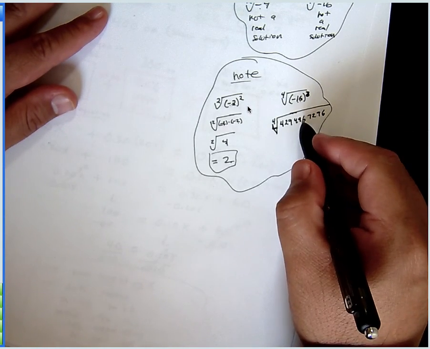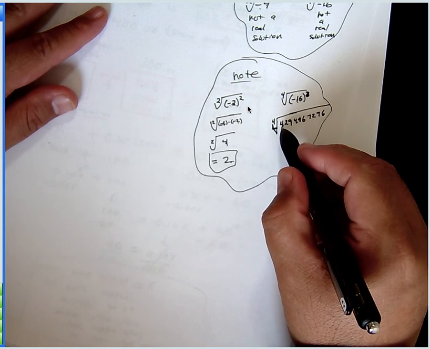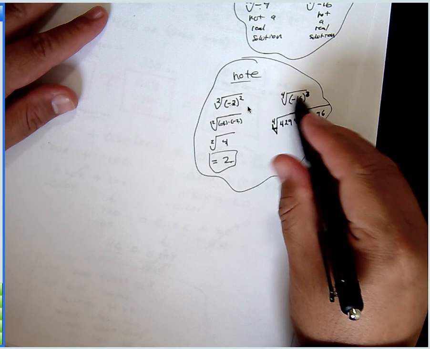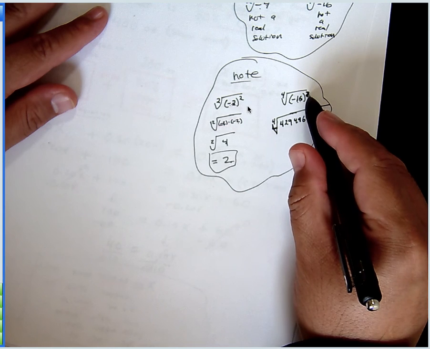So you see, when you raise this to the 8th power, the negative goes away, it becomes a positive number. So even though it originally had a negative, it wasn't actually a negative, it was a positive because of that 8.